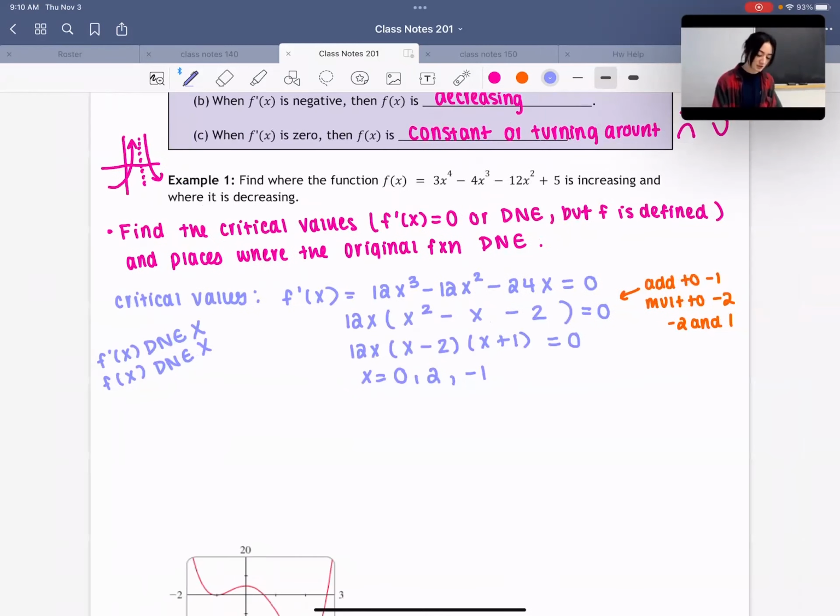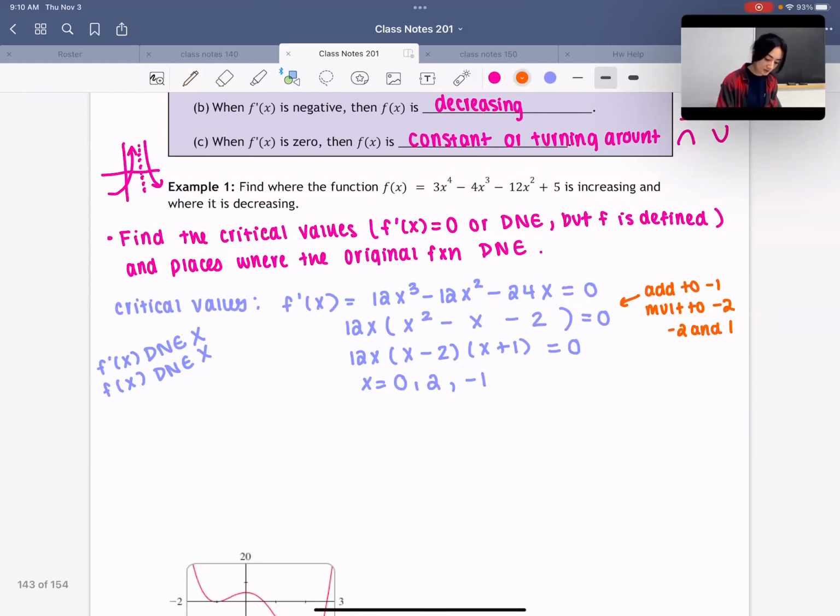Let's actually draw out a way that we can systematically figure out if we're going from increasing to decreasing. Okay, so next step, I'm going to draw a number line. Okay, and I'm going to use my tool to make a really straight line. Okay, and I'll show you why I'm doing this in a minute.